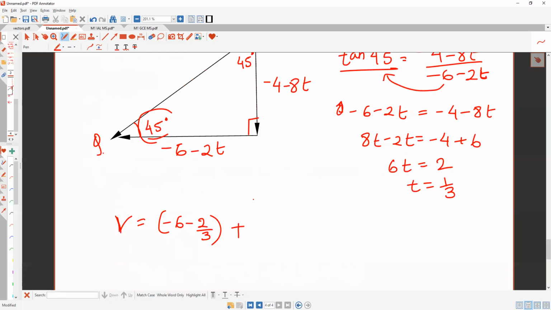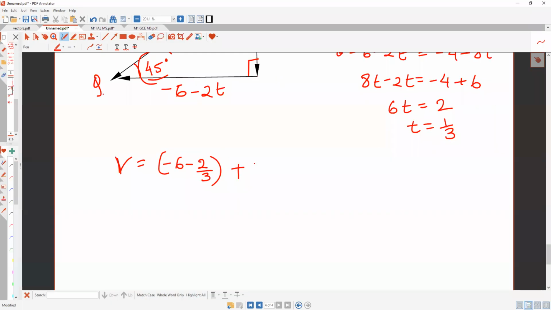This is I, and minus 4 minus 8 by 3 is J. How much is it? What is the value of R I'm getting? Minus 20 by 3. I forgot to write my R. Whatever. How much is it? Minus 20 by 3, this one.